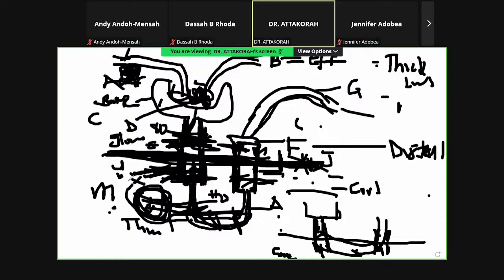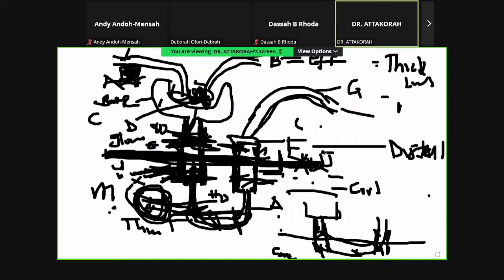This is separating this and it's making the kidney complete. So when you tell me you don't have the junction, then it means you cannot have this. It will be difficult for me to describe what will happen if you don't have the junction separating this. It will be difficult for me to say this will fuse with this.